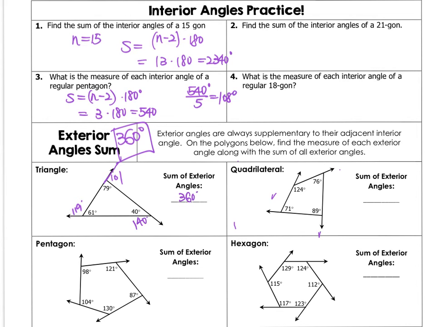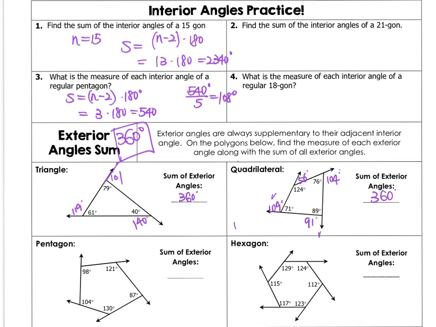Same thing with quadrilaterals. 71, so I should have 109. 124 supplementary is 56 here, 104 on this exterior angle, and 91 in this one. You add them together. I didn't even bother to use my calculator.